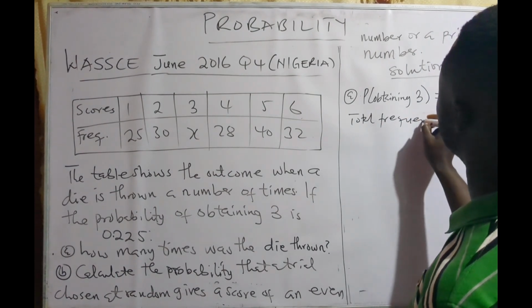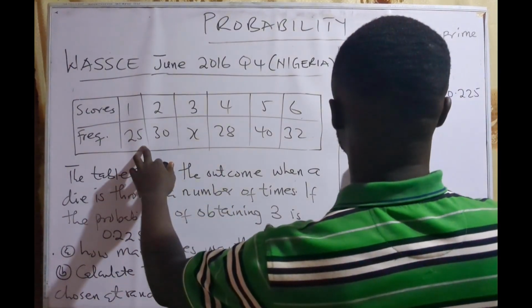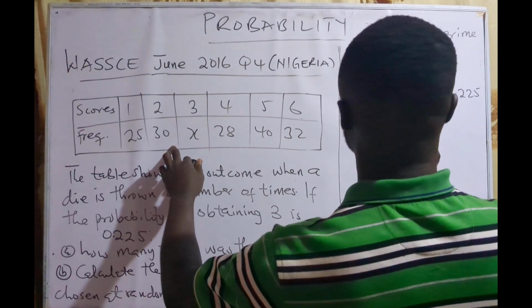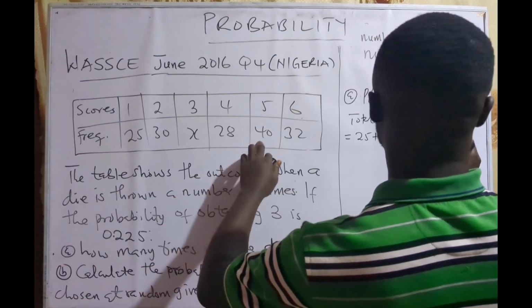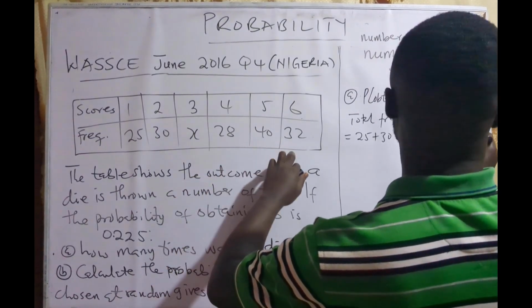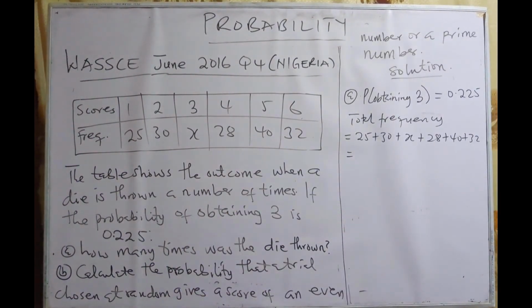Okay, the total frequency. So the total frequency will be 25 plus 30 plus X plus 28 plus 40 plus 32. All right, so let me use the calculator and then we put all of them together. So 25 plus 30 plus 28 plus 40 plus 32.